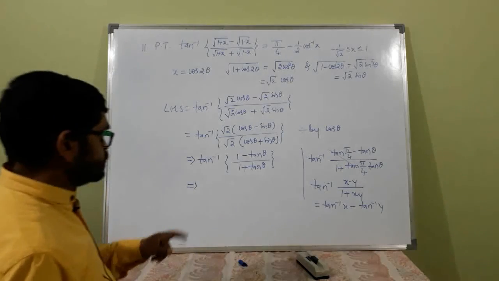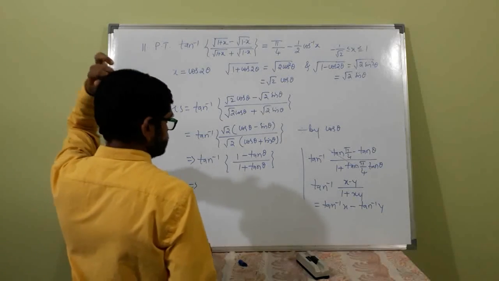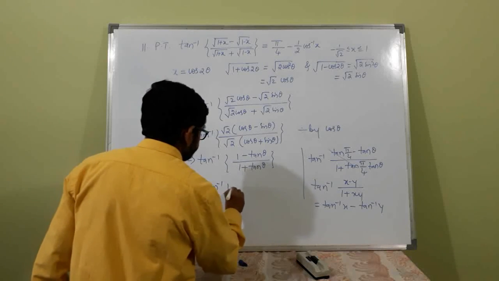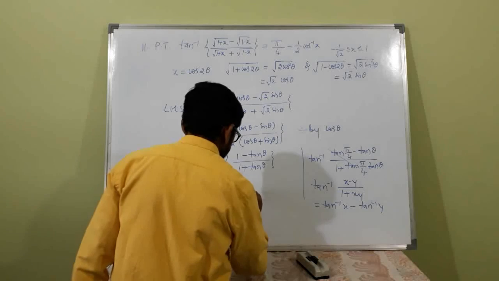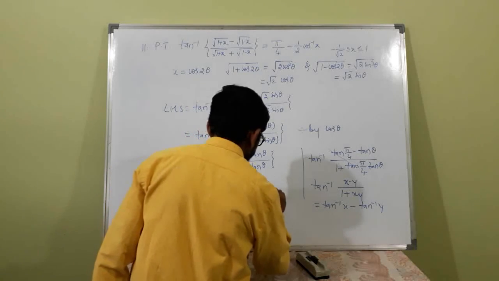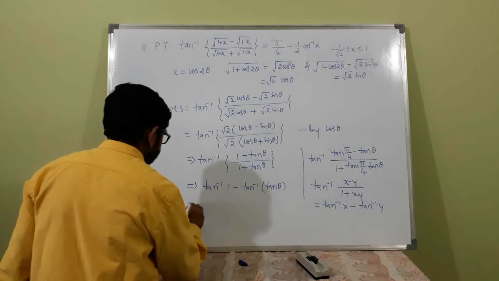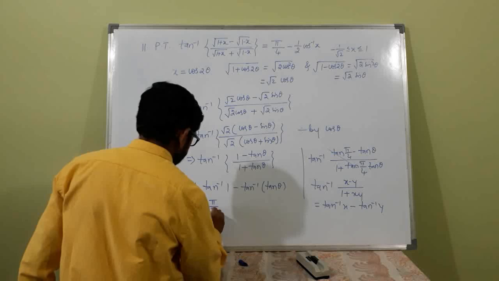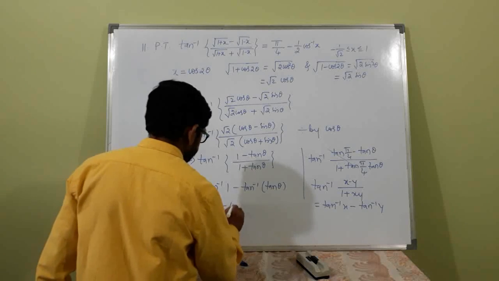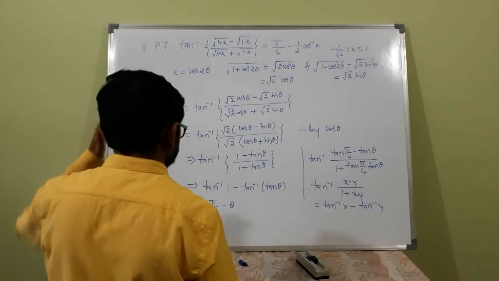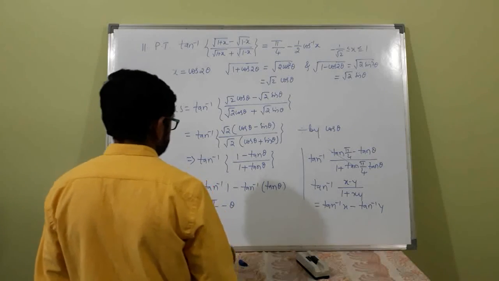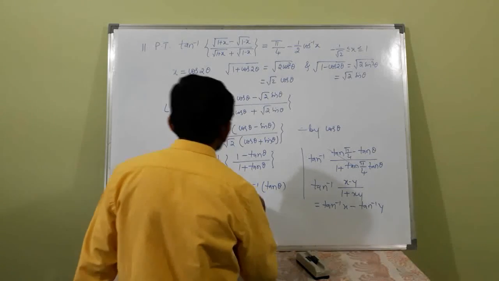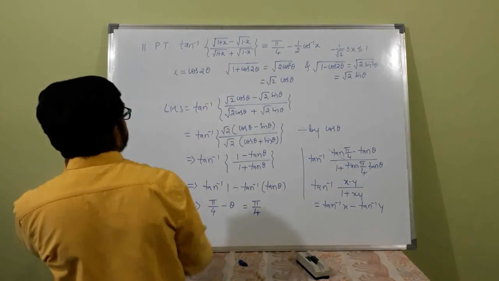So tan inverse of 1 minus tan inverse of tan theta, that is equal to tan inverse of 1 is 5 by 4 minus theta, isn't it? So this is 5 by 4 minus theta.